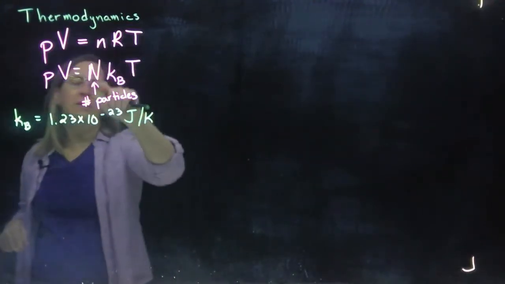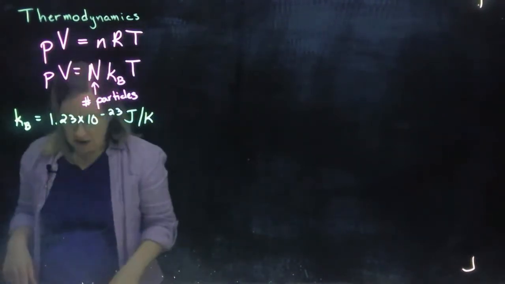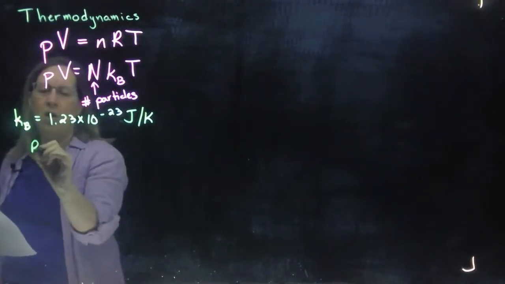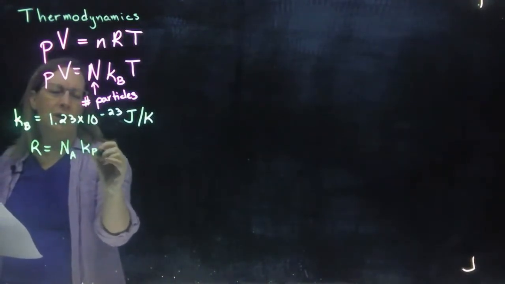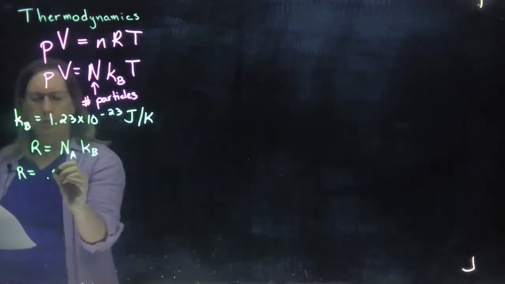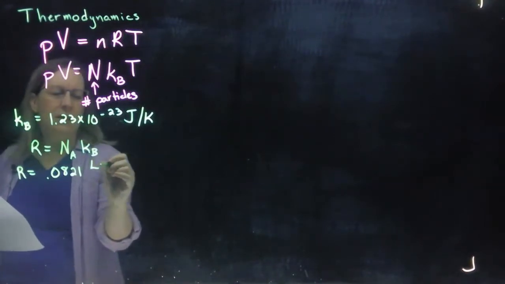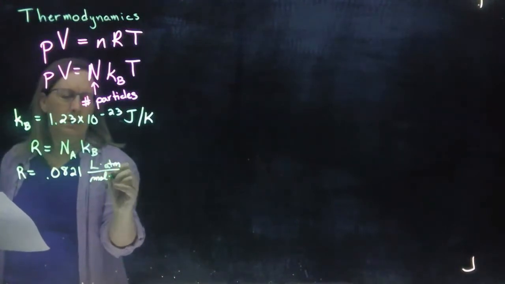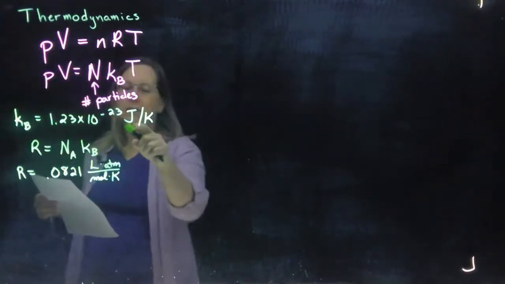Now we can connect these two by recognizing that little n times big R is equal to this, and so the connection is that R is equal to Avogadro's number times kB. You probably know R as 0.0821 in liter atmospheres per mole Kelvin. Liter atmospheres is a version of work, but it's not in joules.